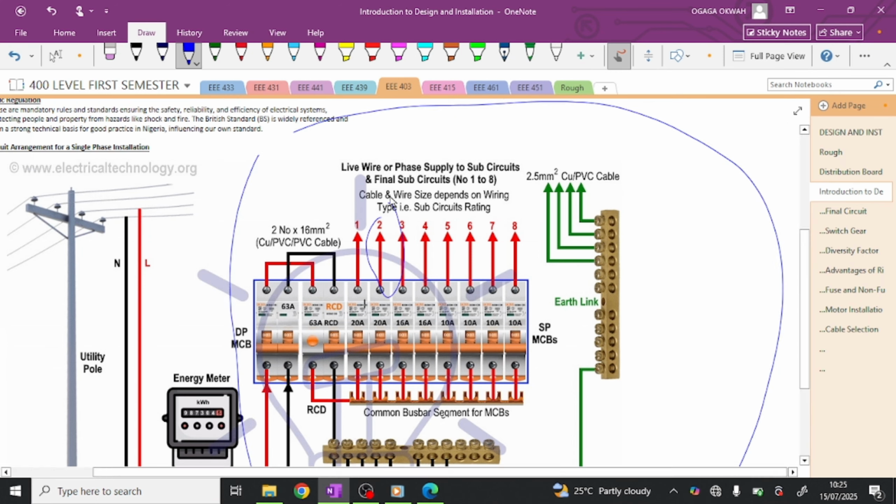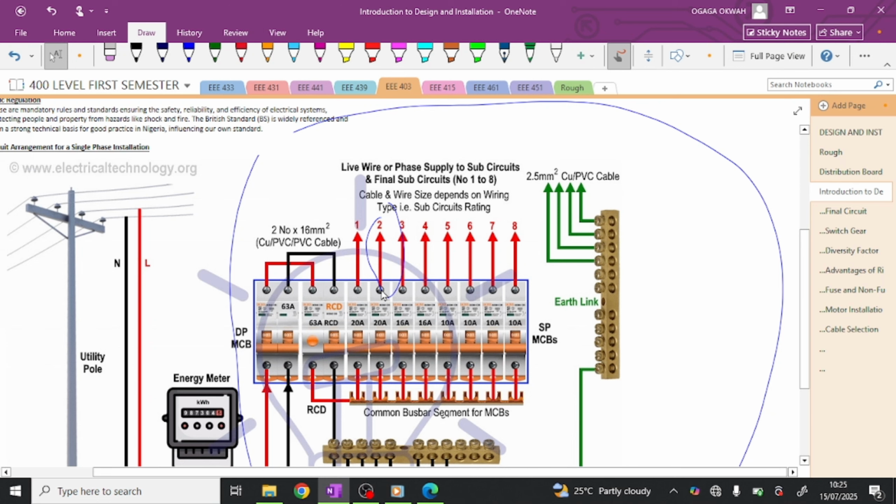guys, will it affect the lighting? Will it affect your bulb, fan? Of course not. If there is a fault with your cooker line where you plug your hot plate and all those things, this breaker will trip off.